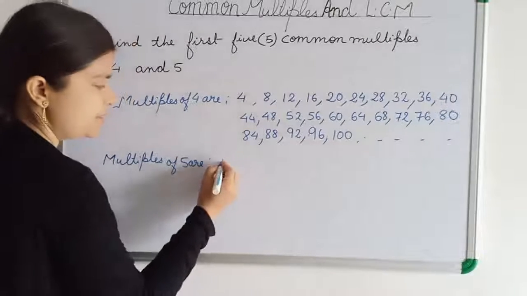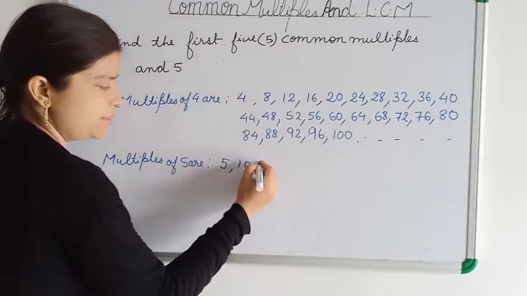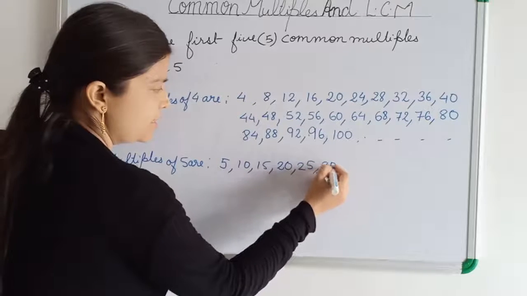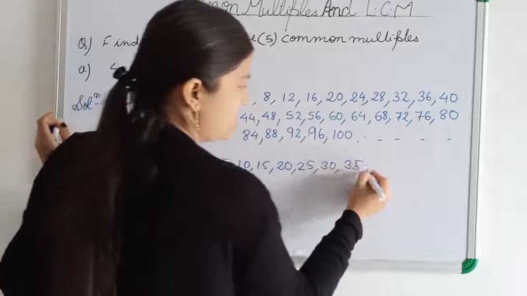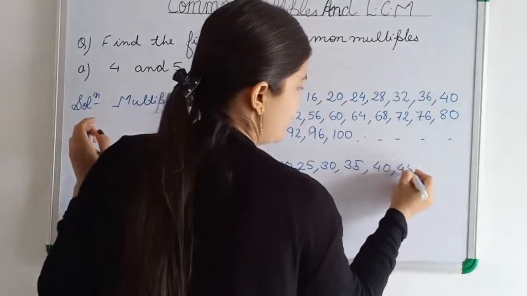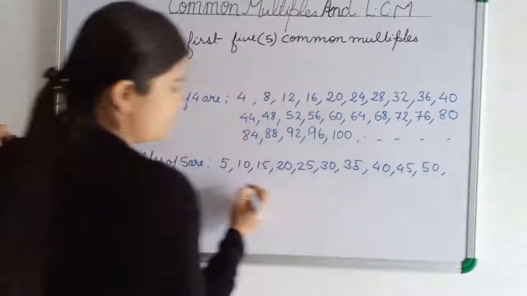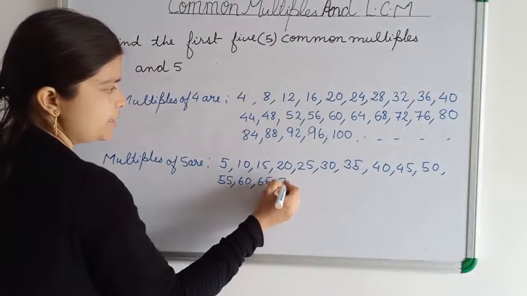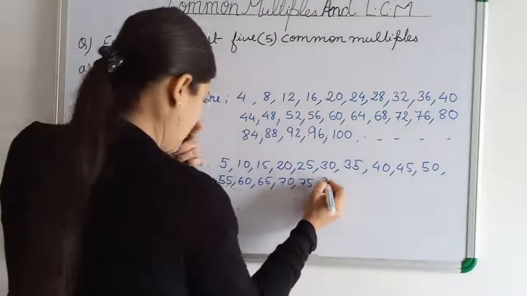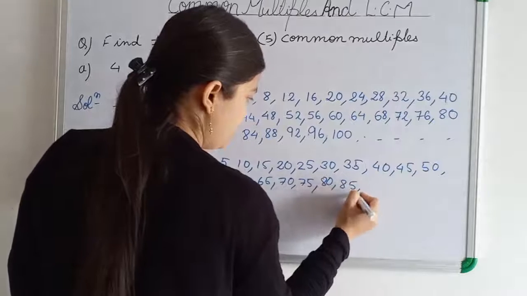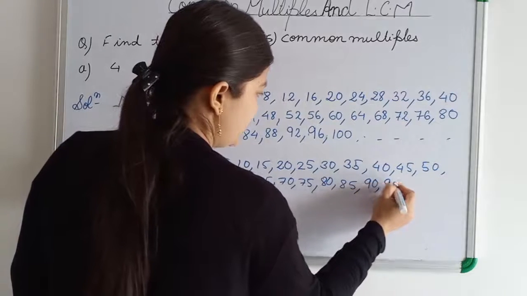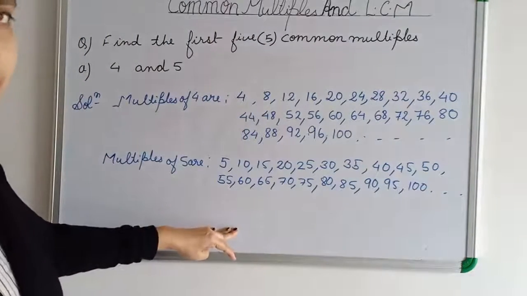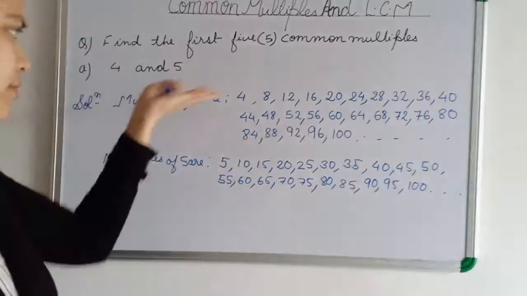You know the table of 5: 5 ones are 5, 5 twos are 10, 15, 20, 25, 30, 35, 40, 45, 50, 55, 60, 65, 70, 75, 80, 85, 90, 95, 100. Here also I have found only till 100. But if I do not get 5 common multiples, then we can go on multiplying.